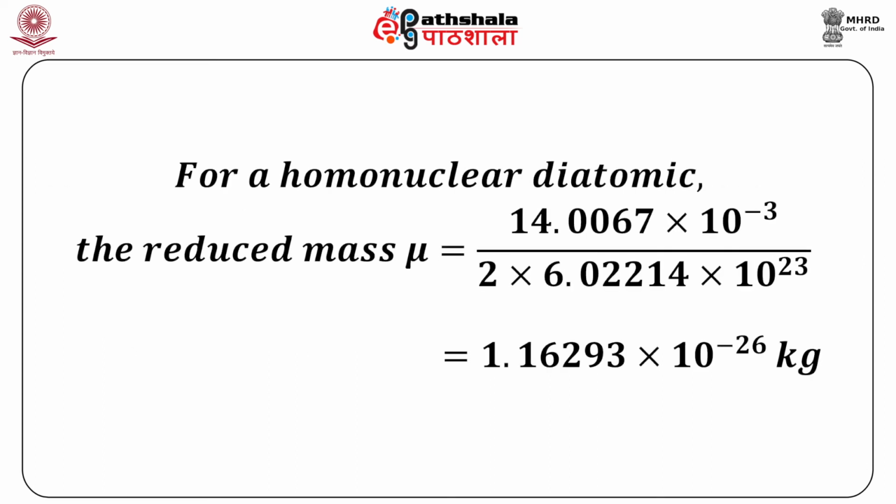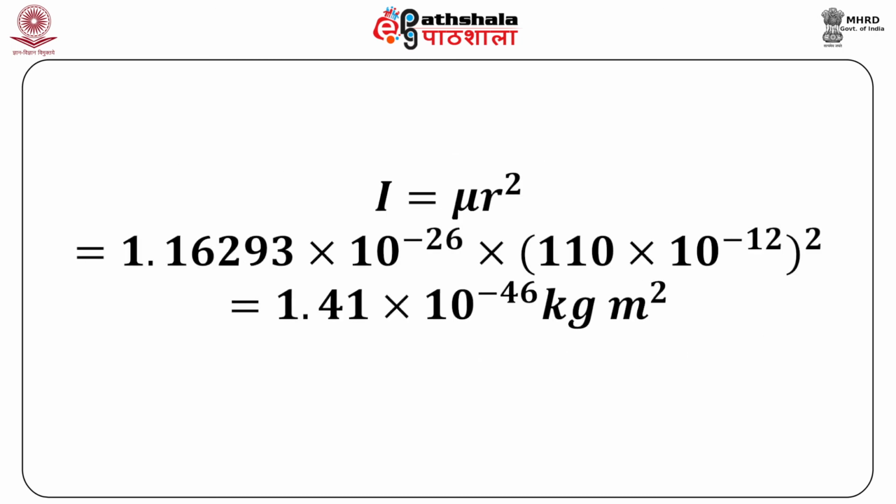So, for a homonuclear diatomic molecule, we have already seen that the reduced mass is given by the atomic mass 14.0067 into 10 raised to the power of minus 3 to convert from grams to kg, divided by 2, because the reduced mass of a homonuclear diatomic is half the mass, and you divide by Avogadro's number, and what you get is 1.16293 into 10 raised to the power of minus 28 kg. The moment of inertia is given as mu r square, and you substitute the value of mu, and r square has also been given.